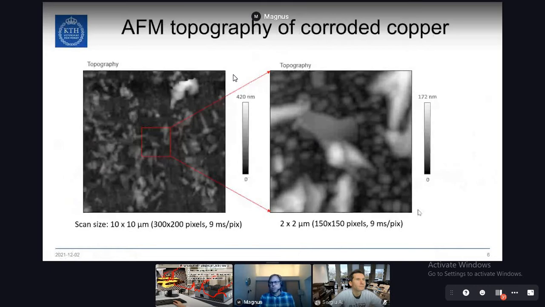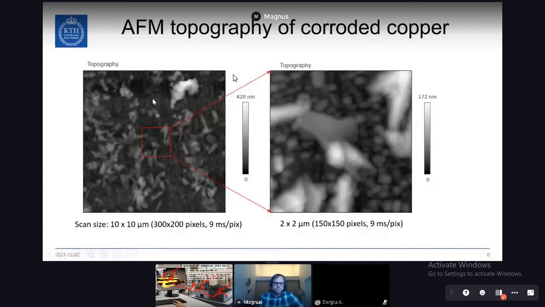And now I will come to this nanoscale imaging that we have used this new laser for. First I would like to show an AFM topography map of our corroded copper surface. This is 10 by 10 micron. You can see that the surface consists of some larger flakes all over. Then we also have areas that only contain small gray particles in a black sea.